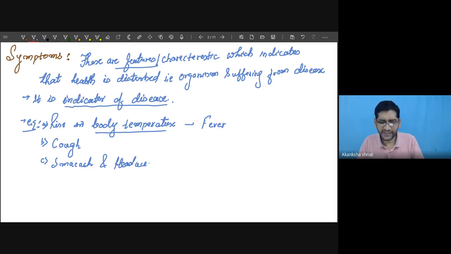Okay, so having a headache means head pain, stomach ache means stomach pain. So it is your stomach pain.